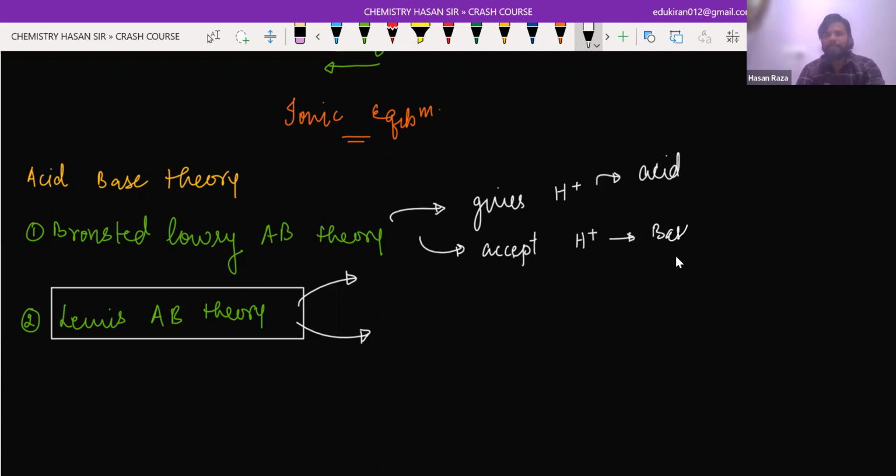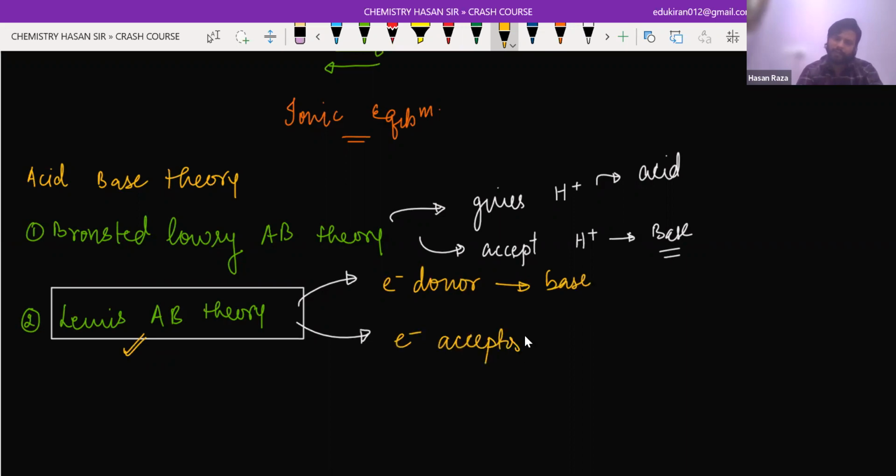But it is not necessary that every compound in this universe contains hydrogen, proton, or OH minus. So Lewis acid-base theory comes into play, and it says that electron donors are bases and electron acceptors are acids. This is applicable almost everywhere, and we also use this theory in organic chemistry.